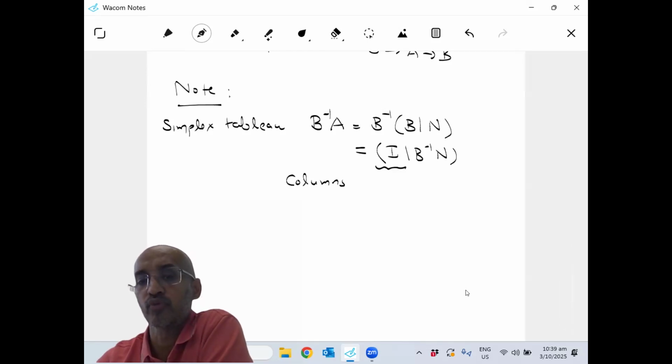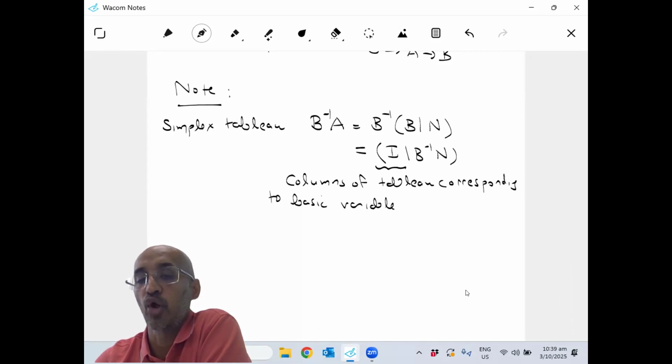The columns of the tableau corresponding to basic variables will always be identity. This always has to be true.